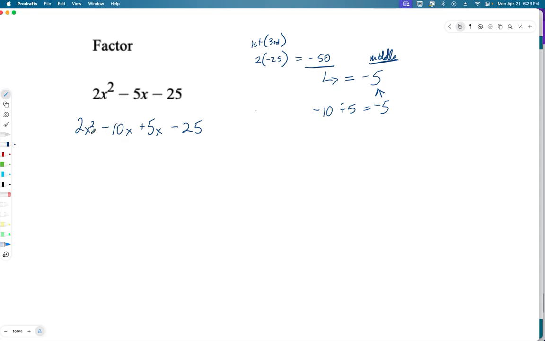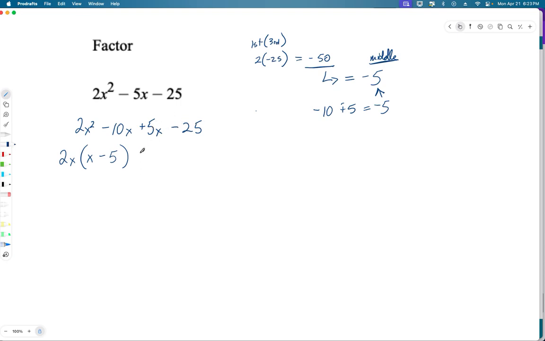So I can see 2x, and I know that 2 is a factor here, and there's another x. So I'm going to pull 2x, and I get x minus 5. Now I have 5x minus 25.